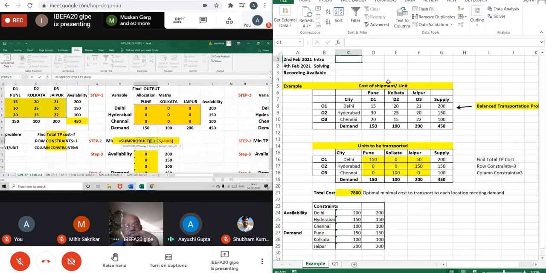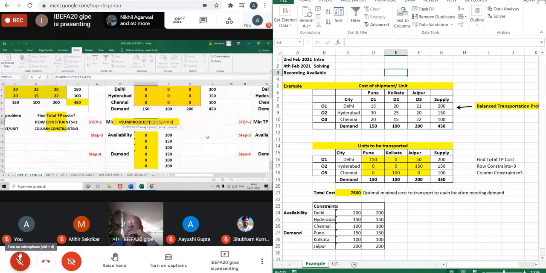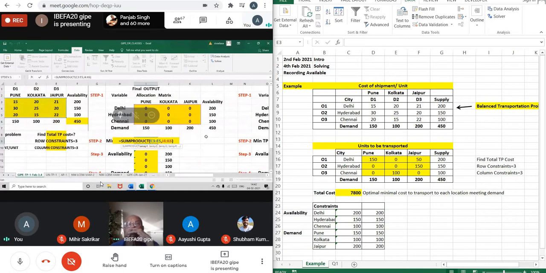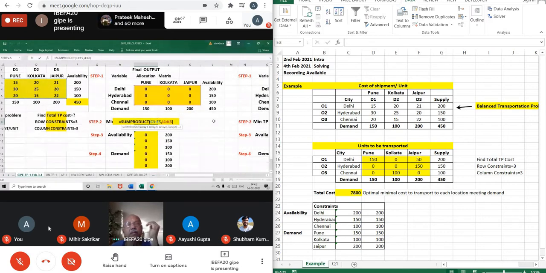Can you maximize your screen? It is maximum only. Maybe if you could zoom out a little bit so that we can see the entire screen. That is what I have selected, entire screen only. We can only see the left part of your Excel sheet.